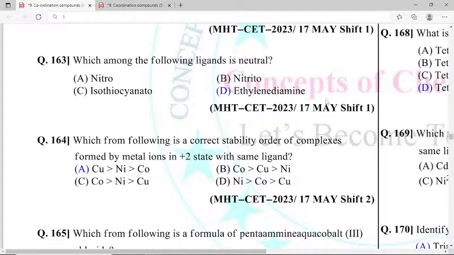Which among the following ligand is neutral? Ethylene diamine, en, is neutral. Nitro, NO2 minus. Nitrito, ONO minus. Next, isothiocyanate, NCS minus.